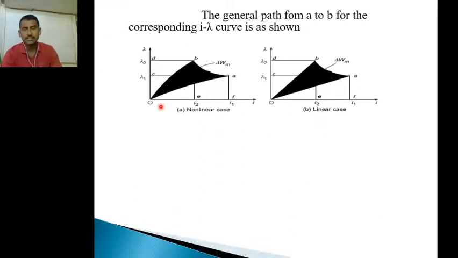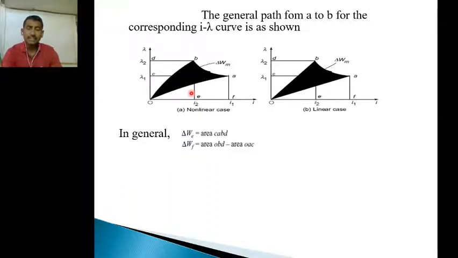And next, the general path of A to B for the corresponding I-lambda curve is as shown in the figure. These are for linear cases and these are for non-linear cases. In general, WE, that means the electrical energy input, we can represent as the area of CABD.